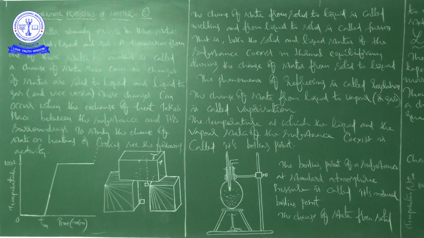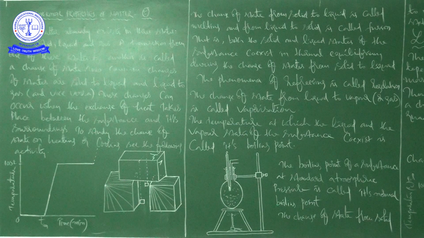Similarly, ghee is semi-solid and somewhat liquid. So why I am giving all these examples is that change of state is a natural and very common phenomenon that we experience in our daily life.